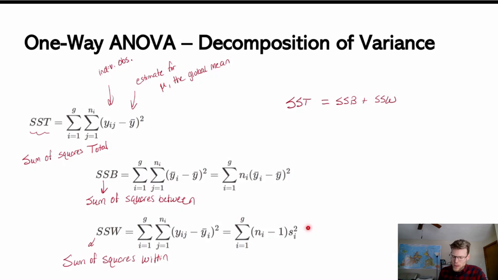With sum of squares within, I'm dividing approximately by the number of observations that I have to find kind of an average amount of variation per observation that I'm looking at. Now we again do an error correction, so it's not going to be just n, it's going to be n minus g, and that has to do with the fact that we're estimating all of these group means.